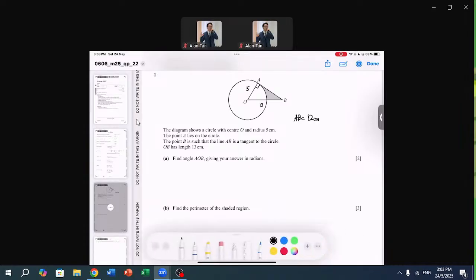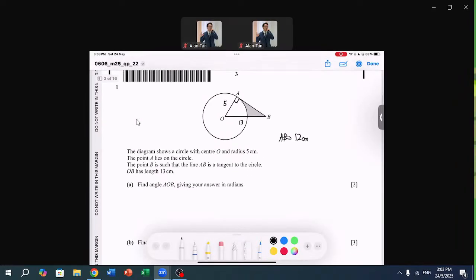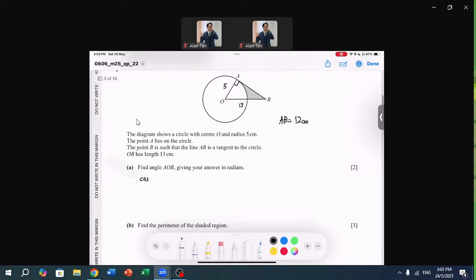Strange thing happened there. What happened exactly, I am not entirely sure, but we'll see. Okay, AB equals 12 cm, so cos AOB equals 5 over 13. AOB equals cos inverse of 5 over 13.